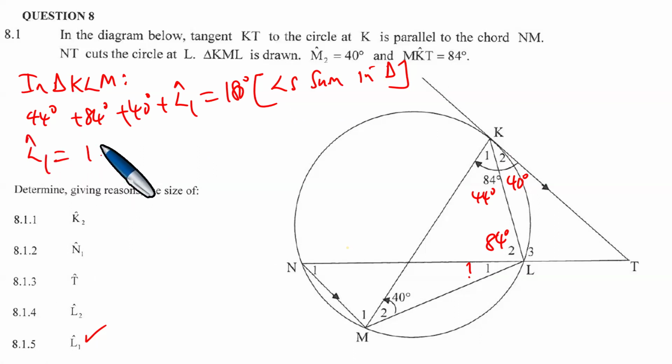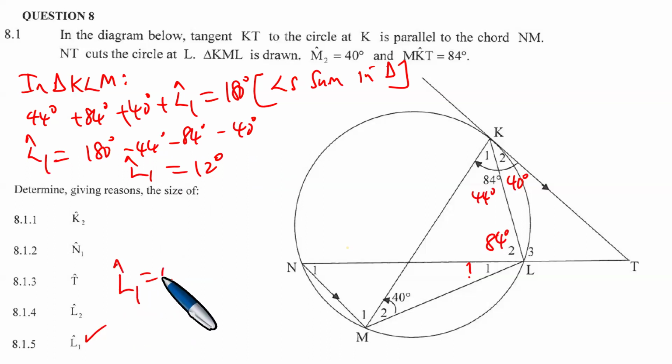Angle L1 is 180 minus 44 minus 84 minus 40. Okay, it's 12. So the angle L1 is 12.